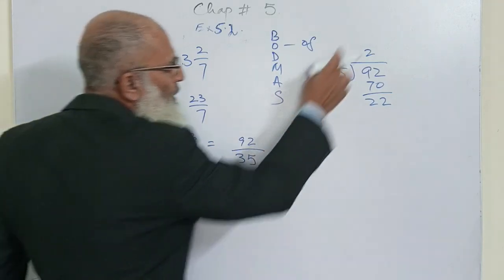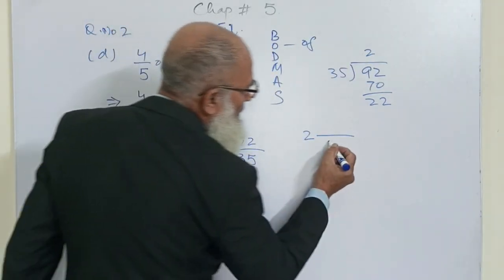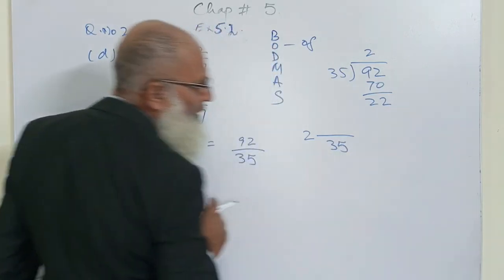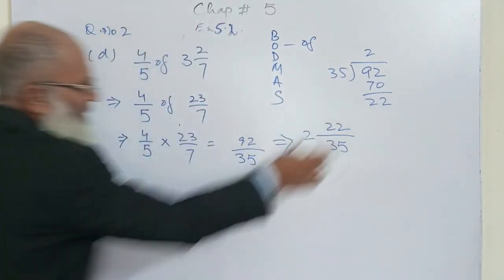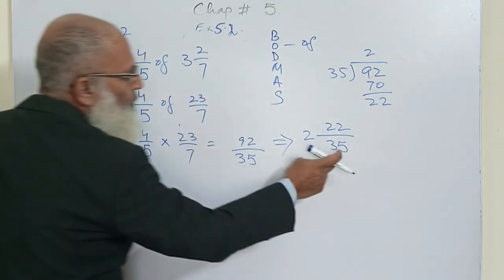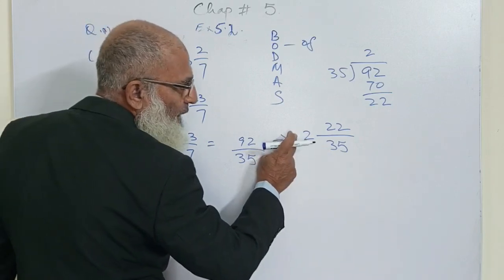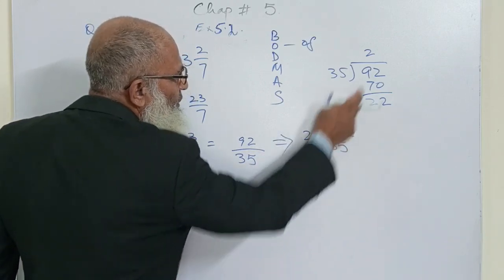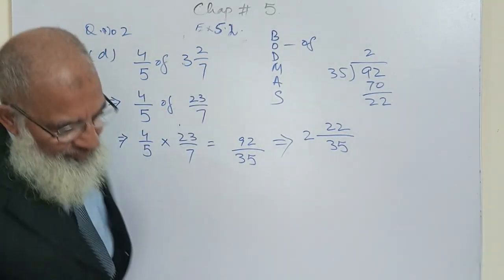As I told you, first write the quotient over here, then the denominator, and the remainder over here. Now both answers are valid. If you go from here, 35 times 2 is 70, and 70 plus 22 is 92 upon 35. So it is very easy.